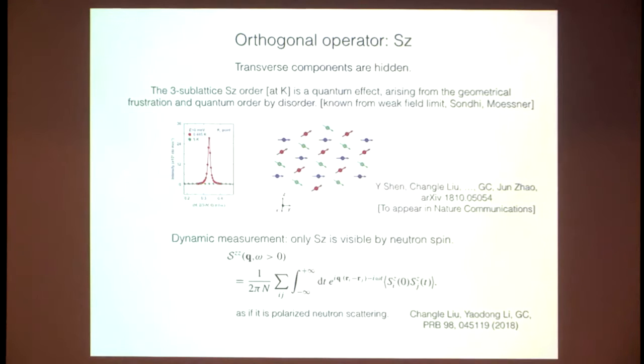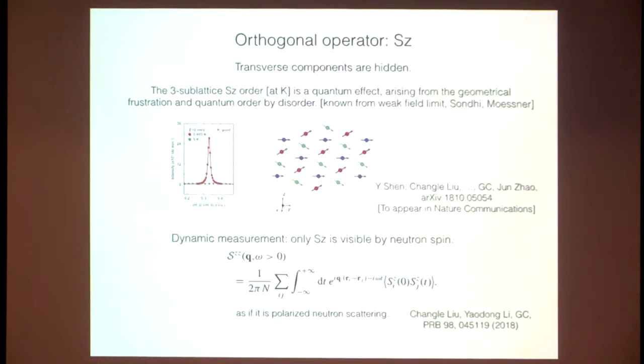Because only the Sz component of spin is visible by neutron scattering, if you simply compute the Sz component of the spin correlation function, you will find reasonable agreement with the experiment. So in this context, the hidden component is this AB plane spin component, and the orthogonal operator is Sz.